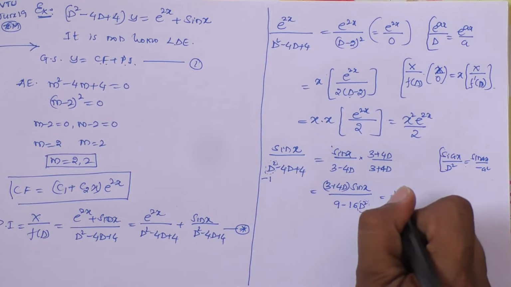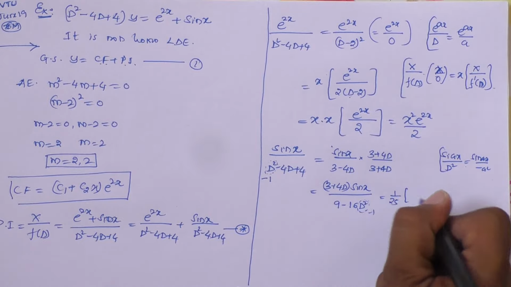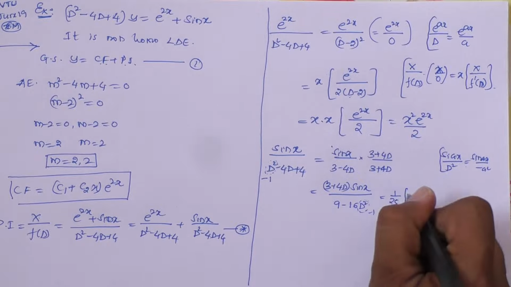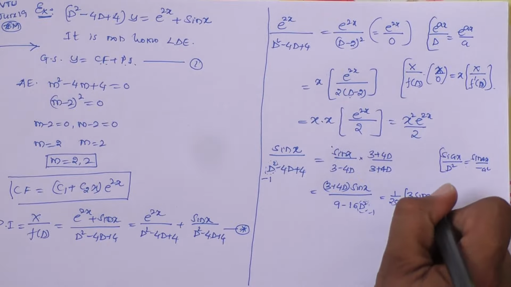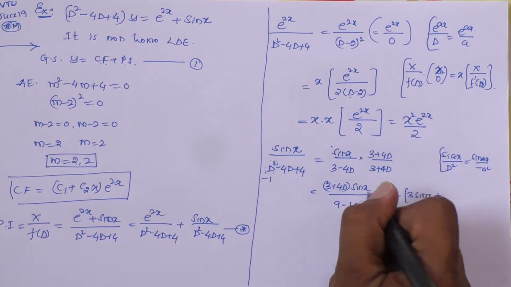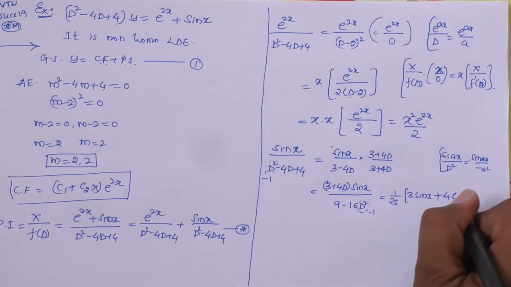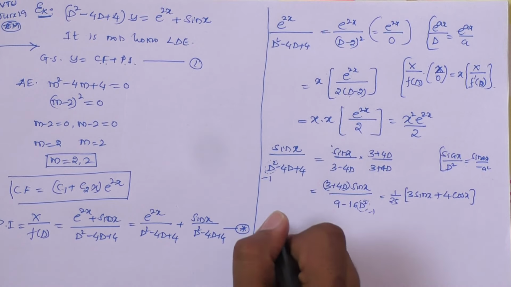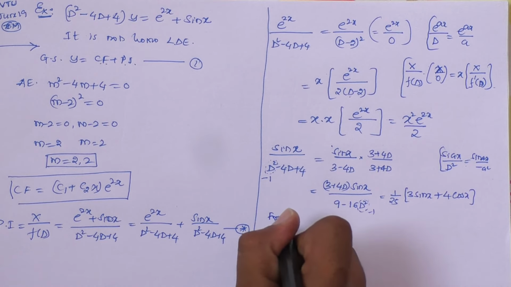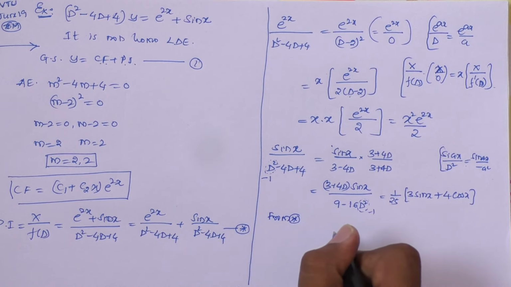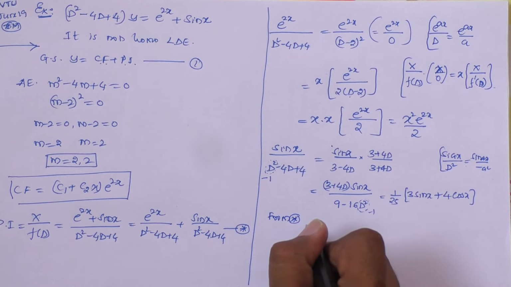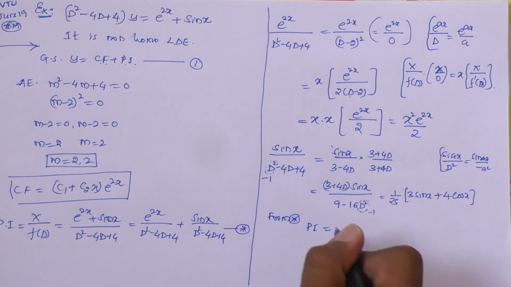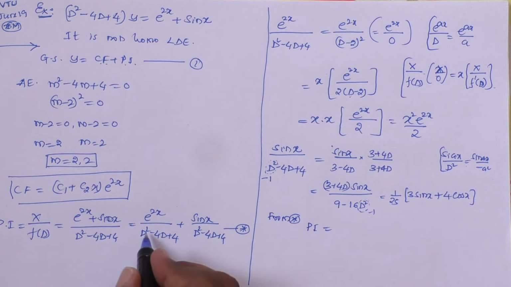So it can be written as 1 by 25 into bracket 3 sin x plus 4d sin x, which is 4 times the differentiation of sin x, cos x. So whatever you got, this is the second term. So total from star, the particular integral has two terms.